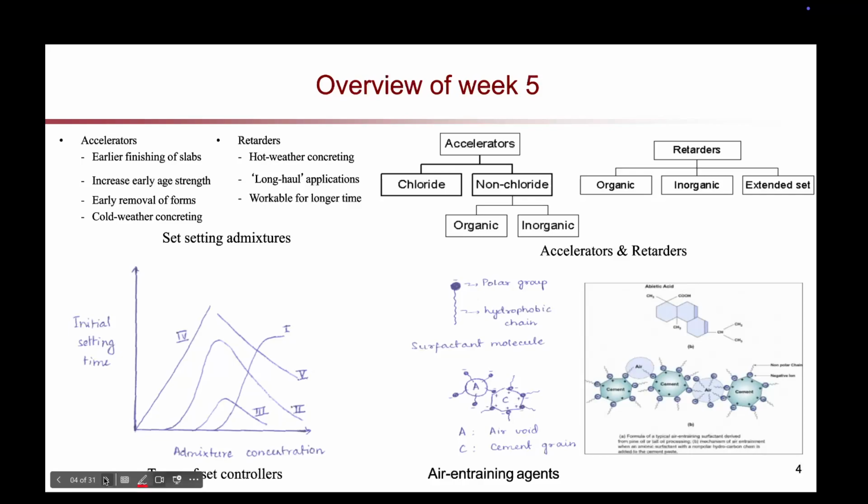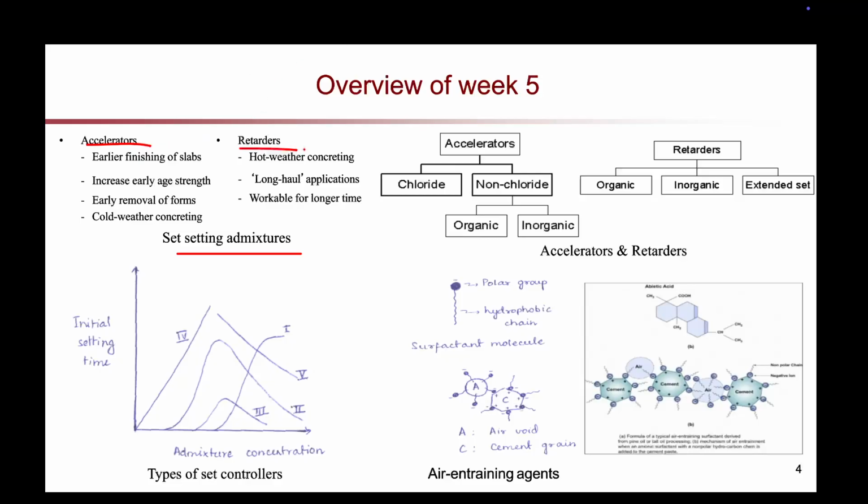After superplasticizer, we have many other types of chemical admixtures, and one of them is the set retarding admixture. Set controlling admixtures are of two types: which accelerate the setting time and which retard the setting time. If I am concreting at this point and want to decrease the setting time, if I want my concrete to set very fast, then I will use an accelerator.